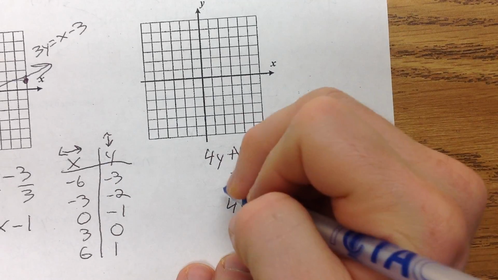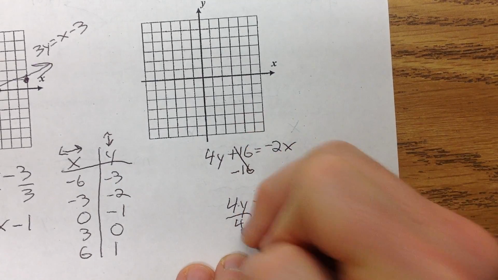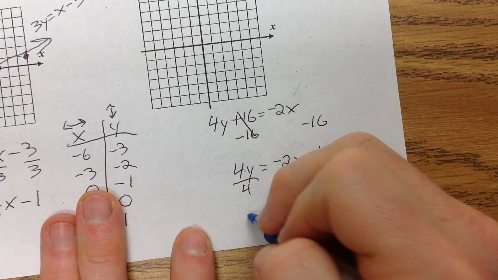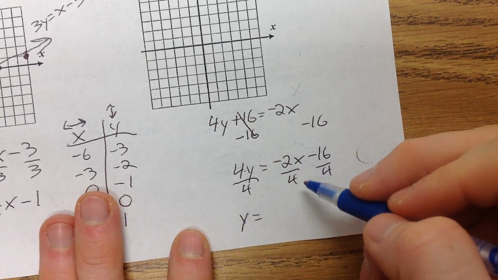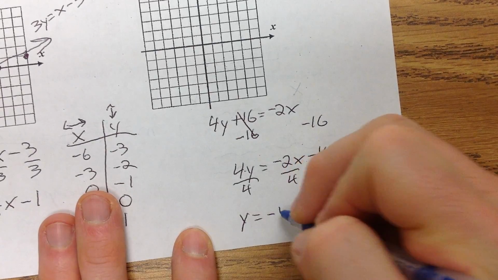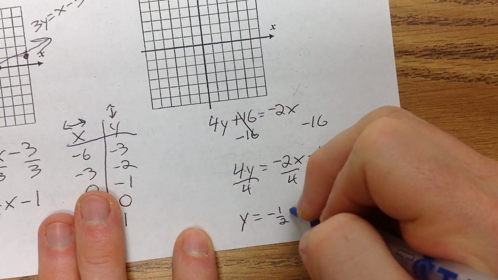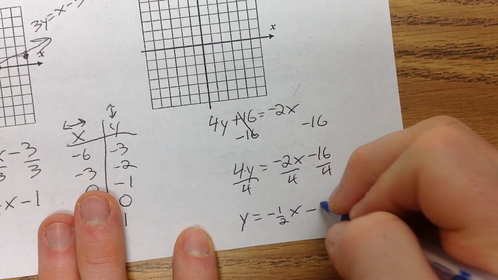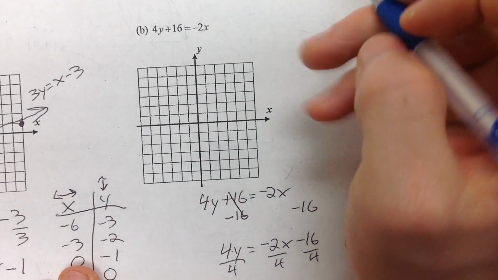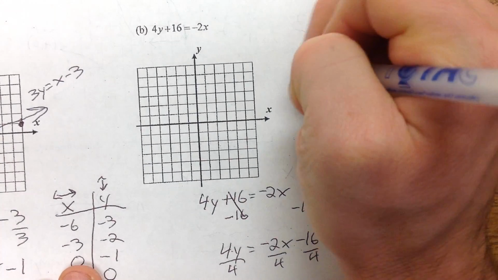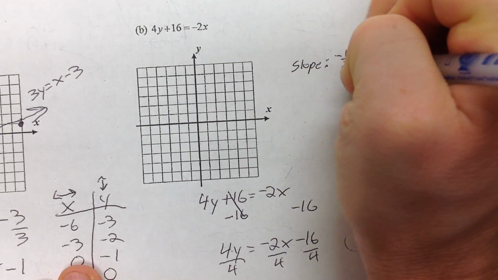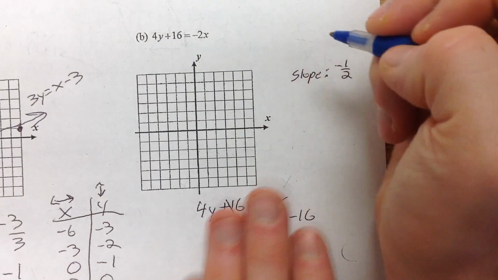Now I need to get rid of the 4. This is 4 times y, so the opposite is to divide by 4. And I end up with y equals -2 divided by 4 would be -0.5, which as a fraction is -1/2 x minus 4. So, if we think about this, doing it the slope y-intercept way, our slope is -1/2 because that's the number next to the x.